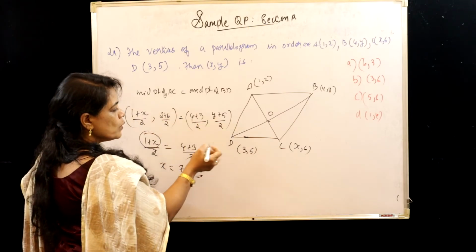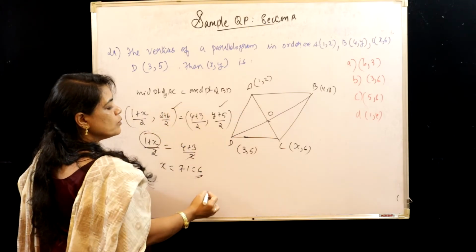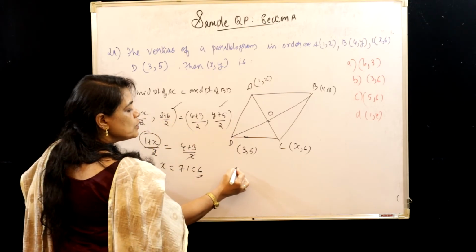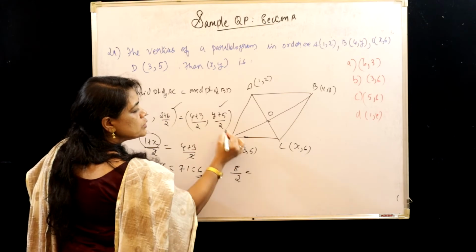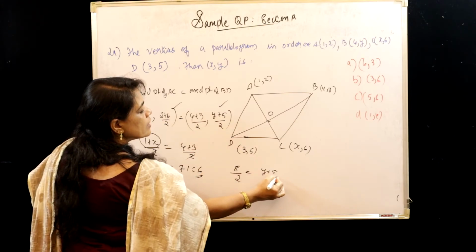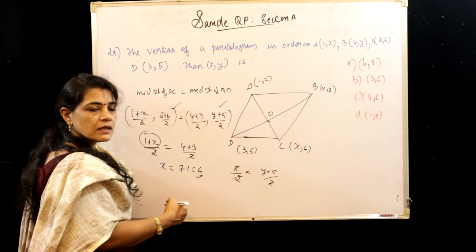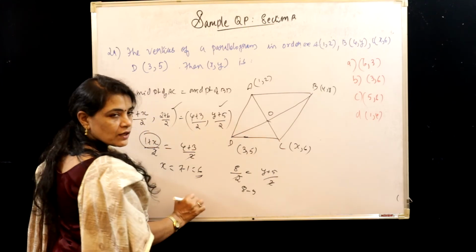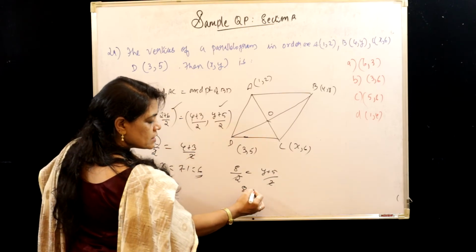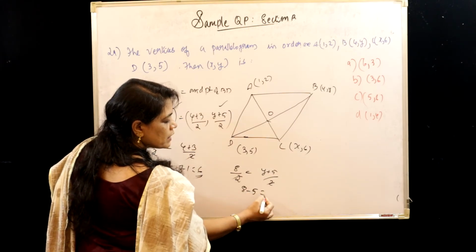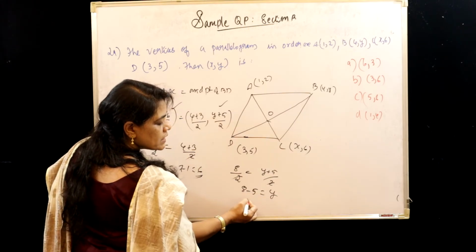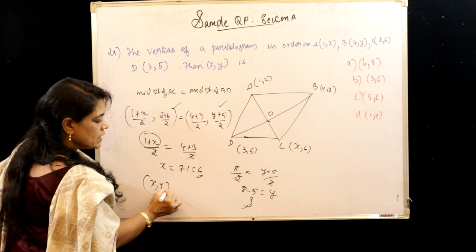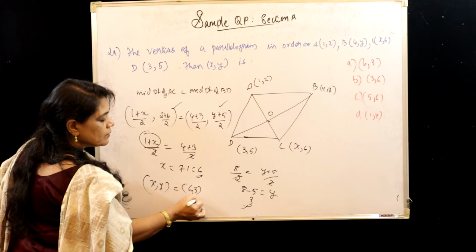In order to get y, we equate the y coordinates: (2 plus 6) is 8 by 2, equal to (y plus 5) by 2. The 2 gets cancelled, so taking 5 to the LHS by subtraction, y is 8 minus 5, which is 3. That means x and y are 6 and 3.